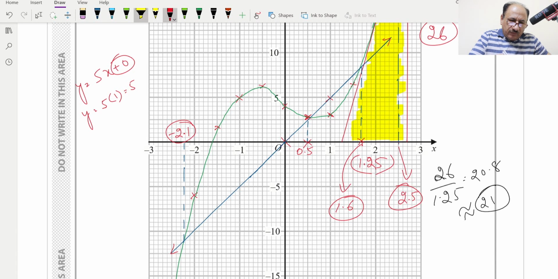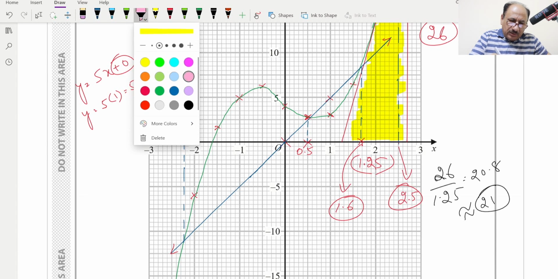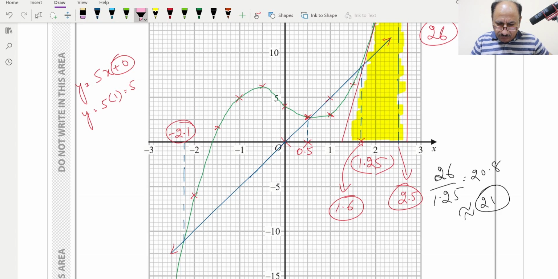What will those values be? If we mark them, it will start from this point to this point, up to this one, which is the portion of the green graph which is above the line. And then from this portion to this portion is again the graph which is above the line.